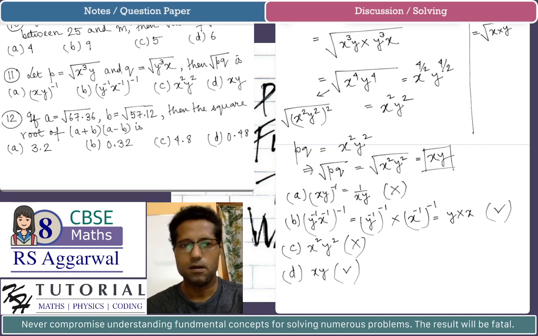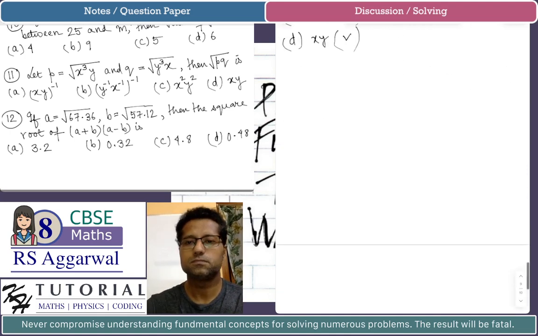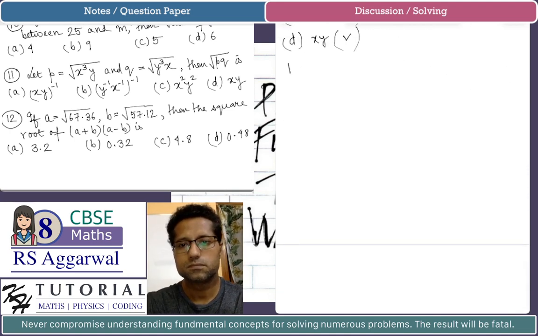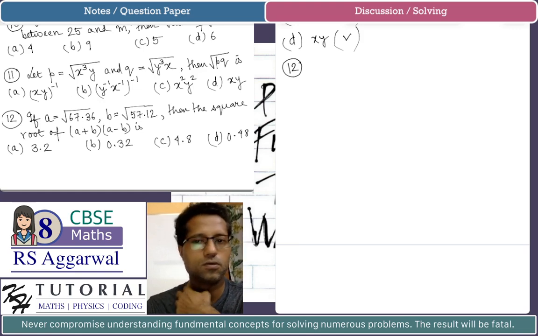Okay, let's do problem number 12. A is equal to square root of 67.36, B is given as square root of 57.12, then the square root of A plus B into A minus B is, okay.